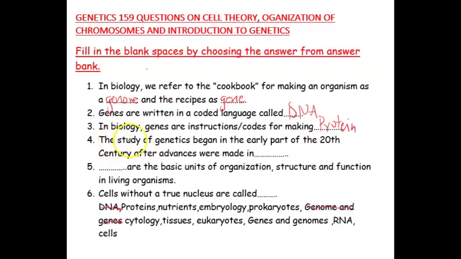Question 4. The study of genetics began in the early part of the 20th century after advances were made in what? Advances were made in cytology. So the answer here is cytology.